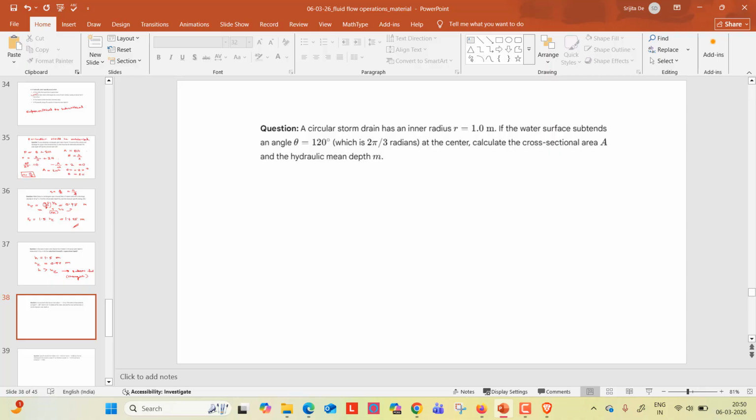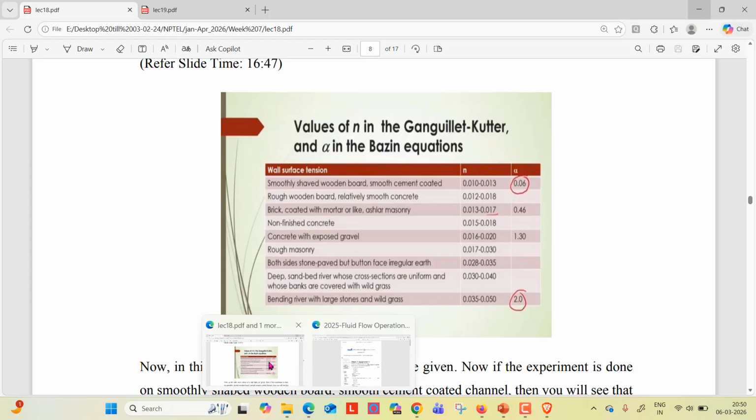Next, a circular storm drain has an inner radius R. If the water surface subtends an angle theta at the center, calculate the cross-sectional area A and the hydraulic mean depth. Think and tell me. So it is coming for a circular storm drain. Circular storm drain equation we have seen here.